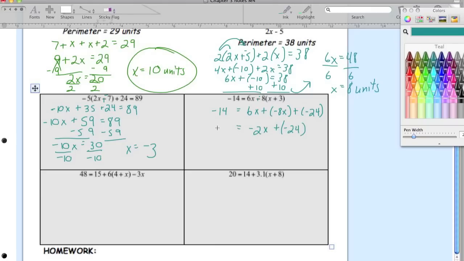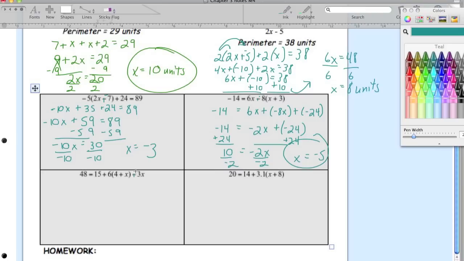I want to get x by itself, so I'm going to add 24 to both sides. Negative 2x equals 10. And then I'm going to divide by negative 2 on both sides. X equals negative 5. And again, you can check all of these by substituting your answer back in to make sure it is a solution and it works on both sides.